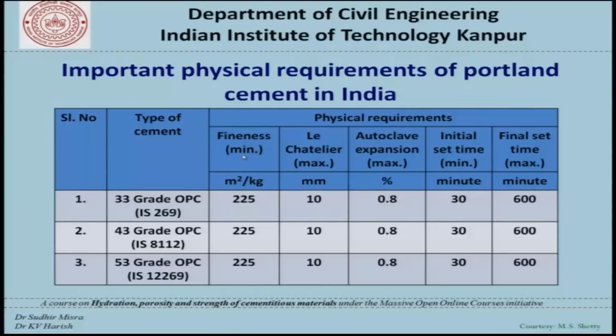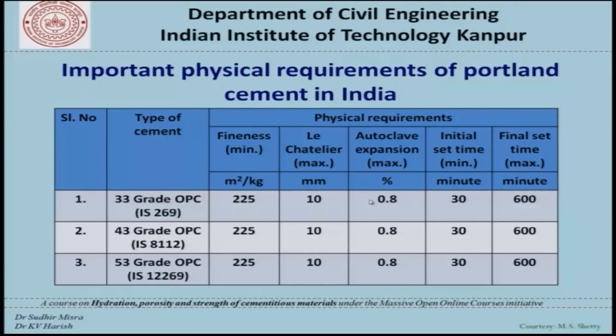The important physical requirements of Portland cement in India are shown in this table. For fineness, the minimum specified fineness is 225 meter square per kg for all the 3 types of cements. Le Chatelier maximum value, expressed in mm, is 10 mm for all the 3 types of cement.